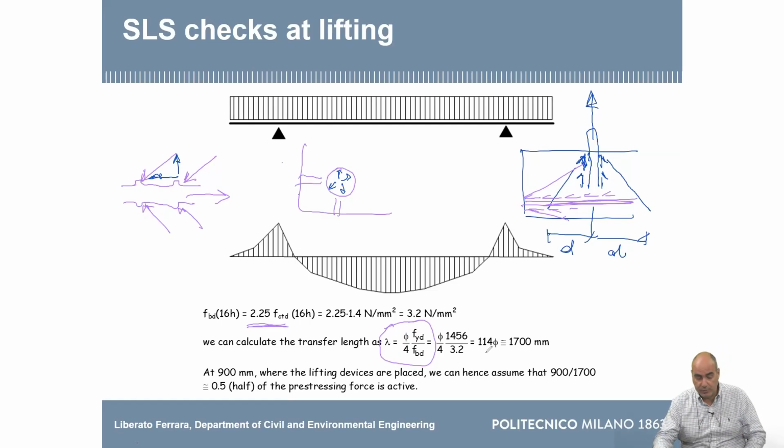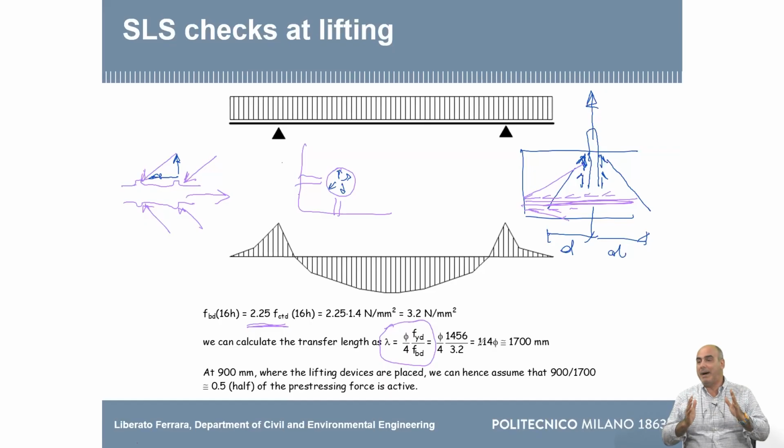So if you put the numbers here, you find that you need something like 100 tendon diameters for full development length, which turns out to be, in this case, about 1.7 meters. Well, my design choice is to put the hooks at 900 millimeters, 90 centimeters.